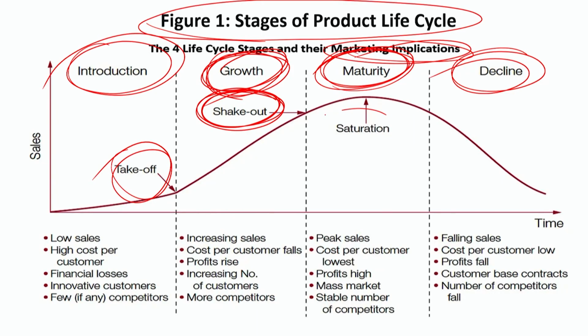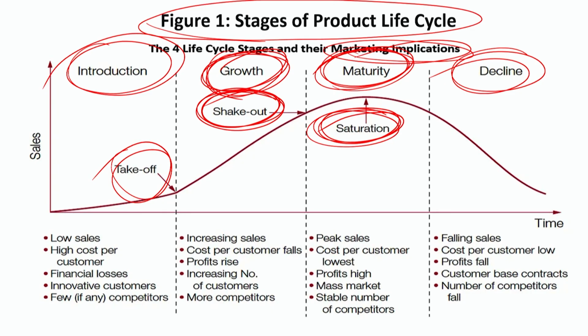The third one is maturity. A time will come when your product is saturated. There are many products in this maturity stage. If you have heard about Hawkins cookers, they are in demand in the market, or Prestige cookers, they have been serving for the last 30 to 40 years. There are many competitors in this market, so they are in the mature stage.